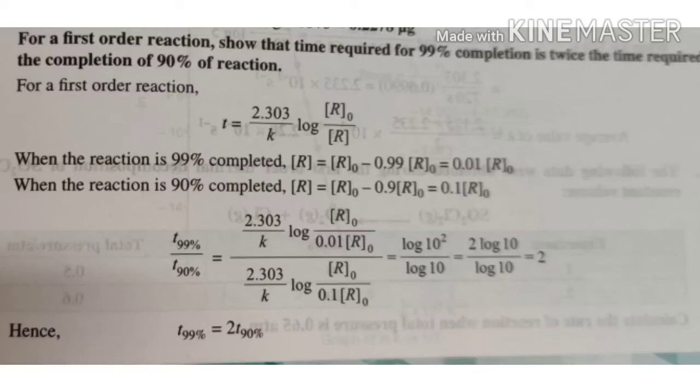You will get log 10 to the power 2 upon log 10. So that is equal to 2. When you compare it, that is equal to 2. That is 4.606 upon K into K upon 2.303 is equal to 2. So that is the double of that reaction. So in this way we can solve the numerical problem based on first order reaction.